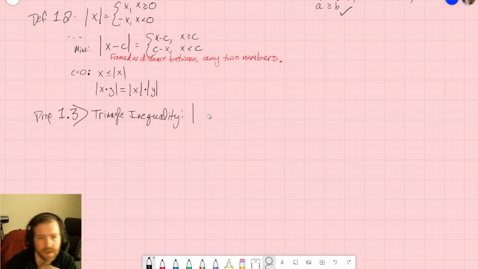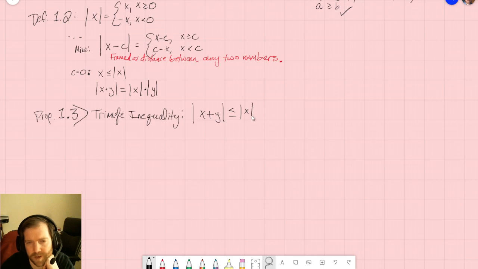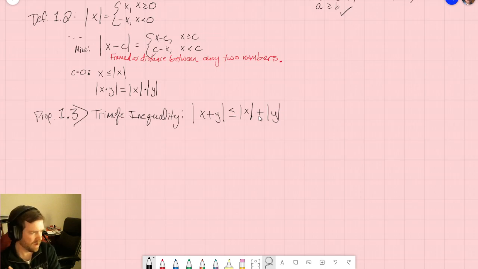The absolute value of x plus y is going to be less than or equal to the absolute value of x plus the absolute value of y. So I'm going to prove this.